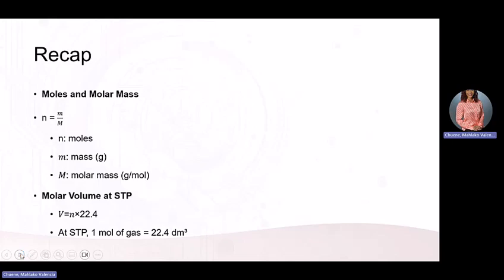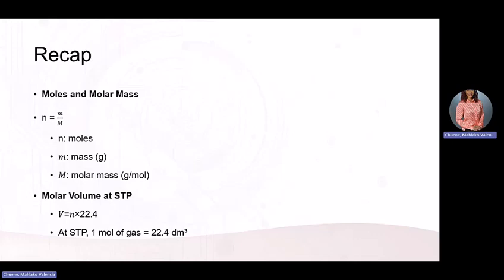Now, when it comes to moles and molar mass, the number of moles is symbolized by the letter N. The mass is then symbolized by the small letter m, and the molar mass is then symbolized by the capital letter M, and the formula there is then N equals mass over molar mass. All right, and you can also see the units of measurement there, where mass is in grams and molar mass is in grams per mole.